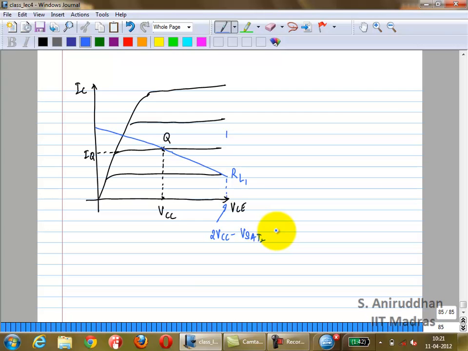How low can the output swing? Minus VE plus VSAT2, right, for large RL. What is VCE1 in that case? It is VCC minus this number. So 2 VCC minus VSAT2. And the transistor never cuts off, right?